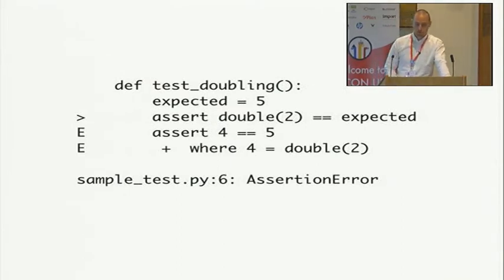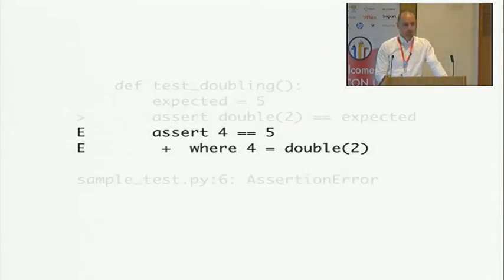It shows you how the offending function looks. Most importantly, it tells you the intermediate values that were used for assertion. You can see that 4 equals 5. That's pretty much not true, and you're immediately better off because you're not looking at just assertion failed.